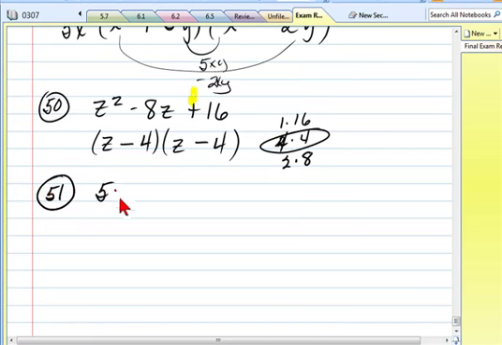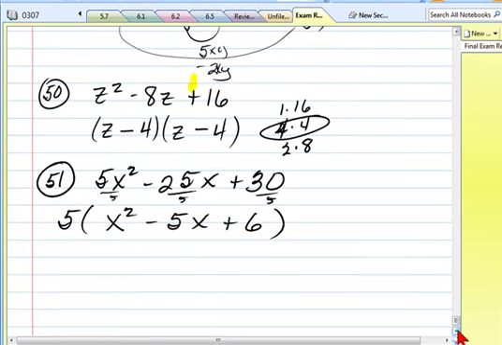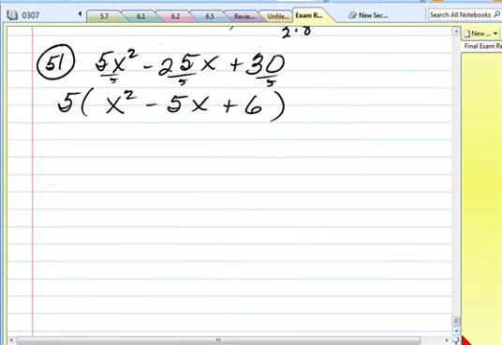All right, I have 5x squared minus 25x plus 30. Is there a common factor? Yes, there is a 5. So if I divide each of these by 5, that will give me, in parentheses, x squared minus 5x plus 6. Does that trinomial look like something I've worked on before?